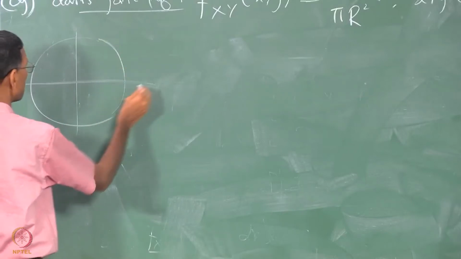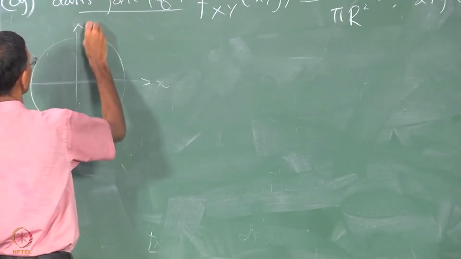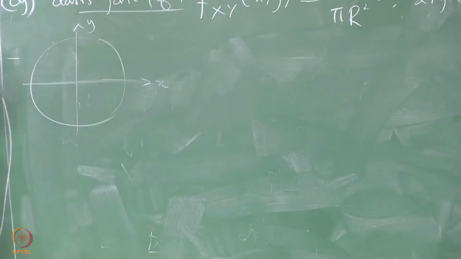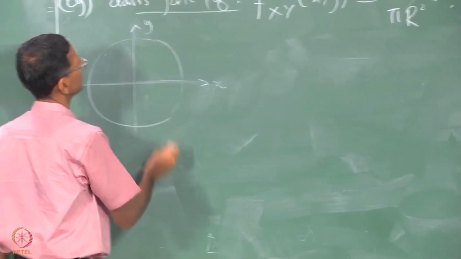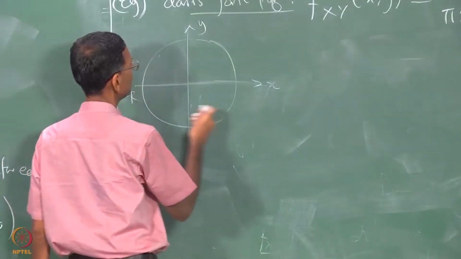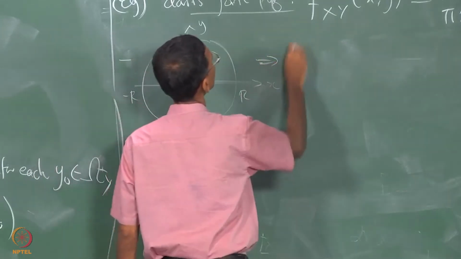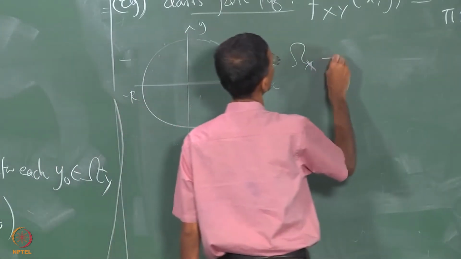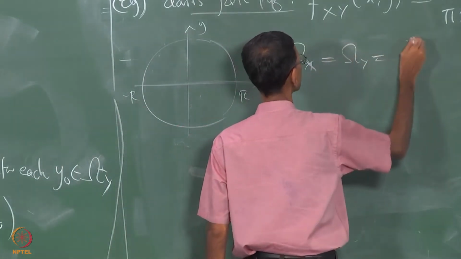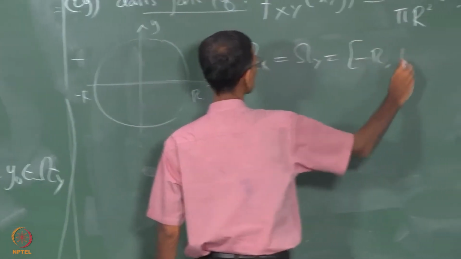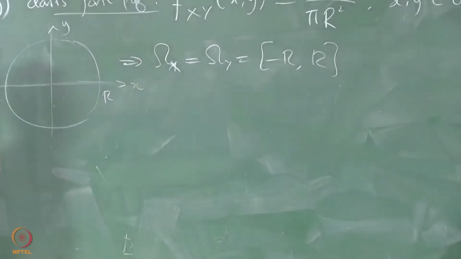So of course we have to draw it, x y. So now we know that omega x and omega y are both the set minus r to r. I can close or open, it does not make much of a difference anyway. So we just write it like that.